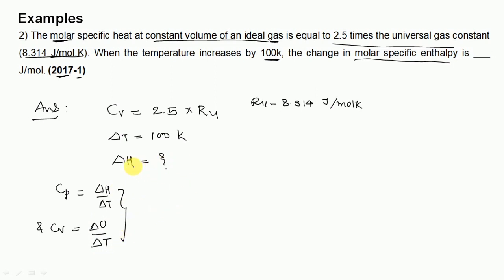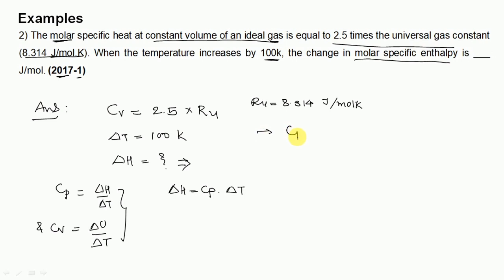So for delta H we have the equation delta H equals Cp into delta T. Here Cp is not given, Cv is given, so we try to convert this Cv into Cp. How can we convert it?